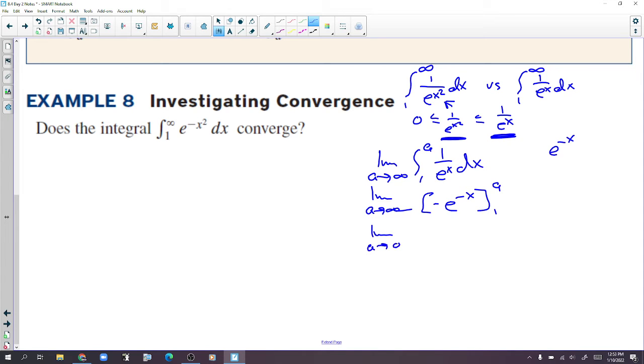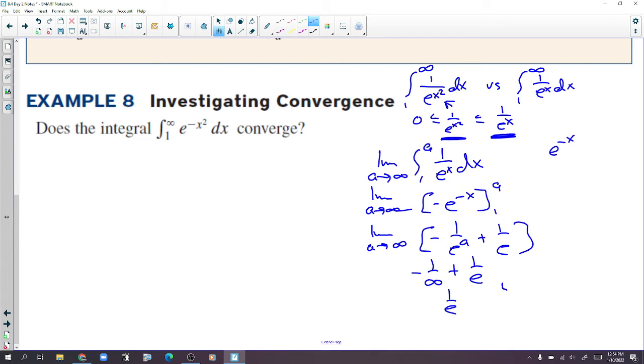Limit as a approaches infinity of negative 1 over e to the a plus 1 over e. And we have negative 1 over infinity, because e to infinity is infinity, plus 1 over e. So this converges to 1 over e.